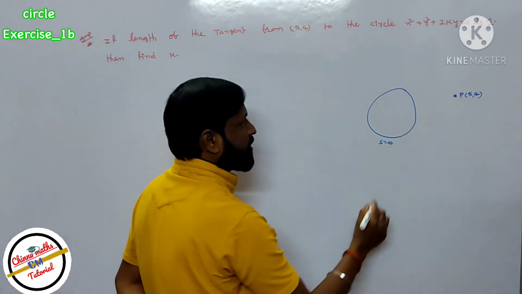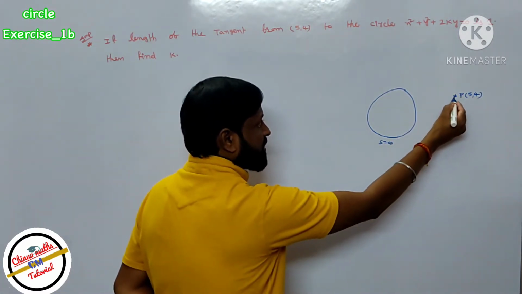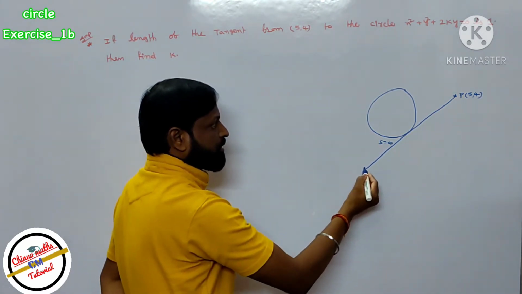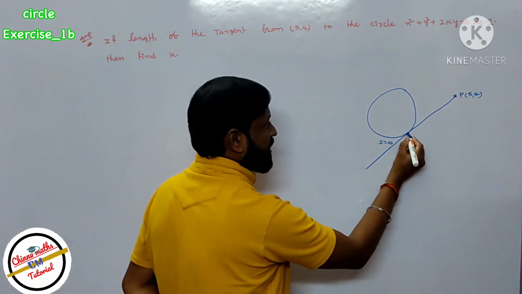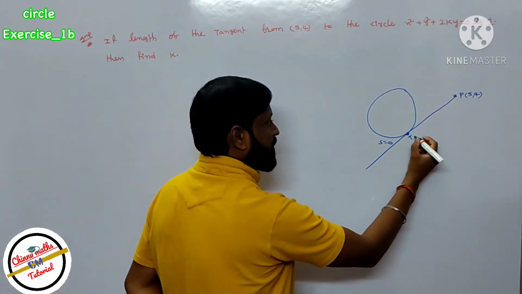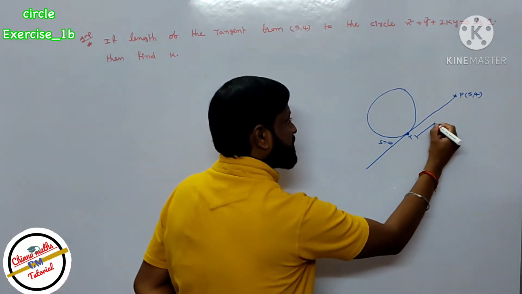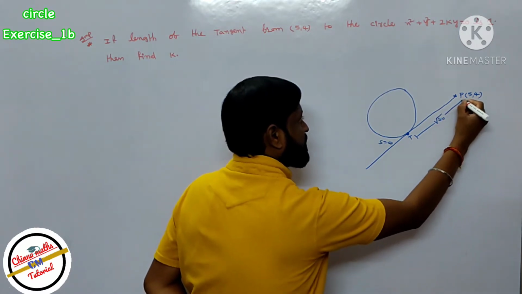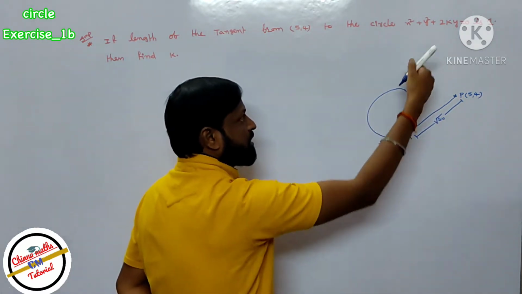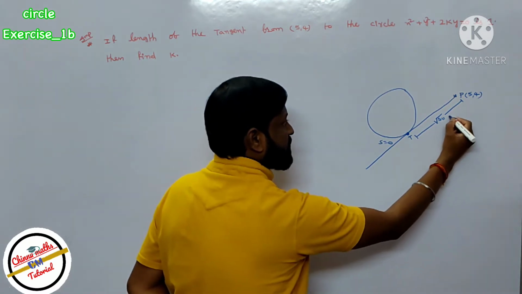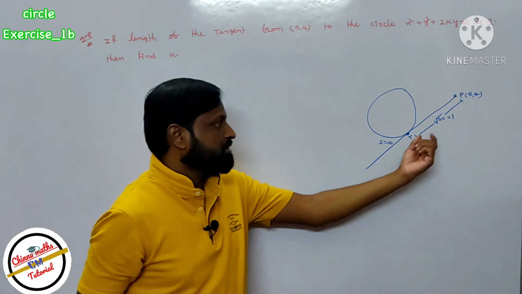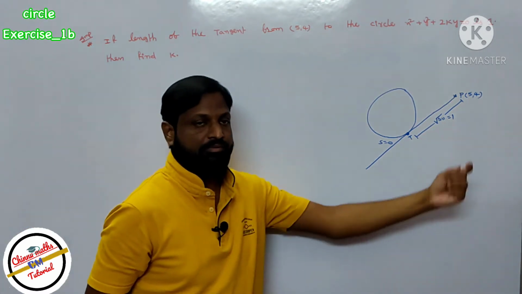With respect to the point P, you can draw one tangent line to the circle S equal to 0. It meets the circle at the point T. Then the length of PT is denoted by root S11. It is given that the length of the tangent is equivalent to 1.